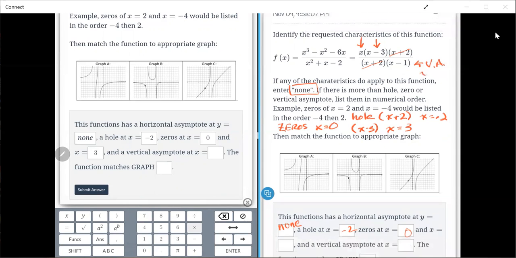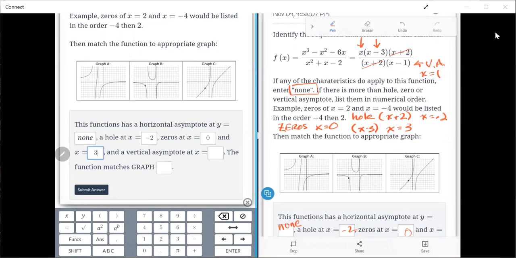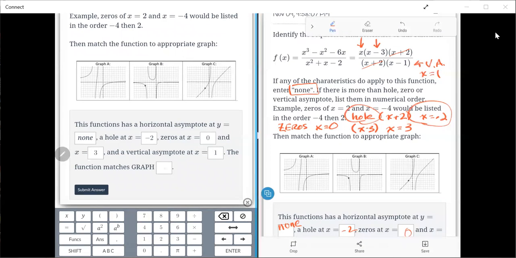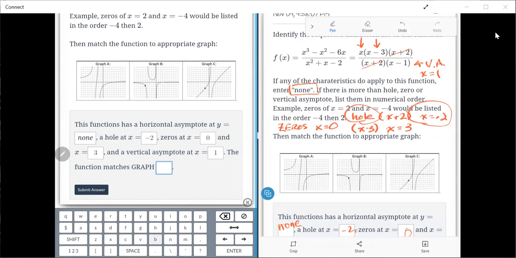So the vertical asymptote is going to be the opposite of that, which is 1. And we have to match the graph. Let's see, our hole was at -2, and C has a hole at -2. So we're going to put in C there. So that's how you do it, and that's how you do the next one as well.